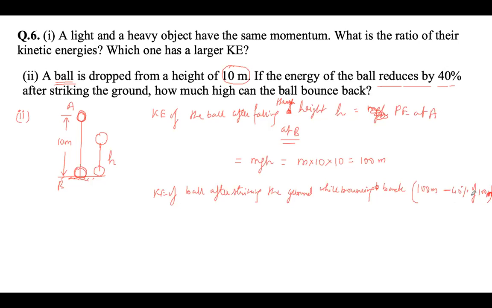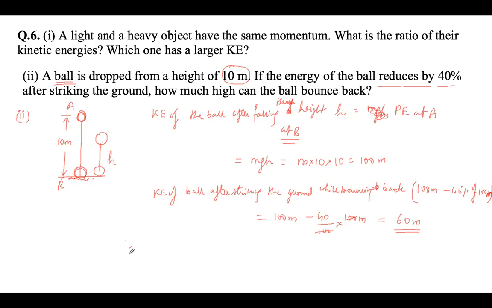The 40% of the total energy has been reduced. So 100 m minus 40 by 100 into 100 m. So this is equal to 60 m. 100 m minus 40 m will be equal to 60 m. This is the kinetic energy of the ball after striking the ground.